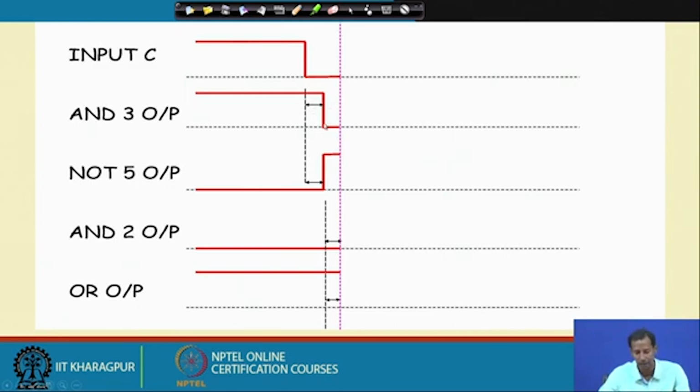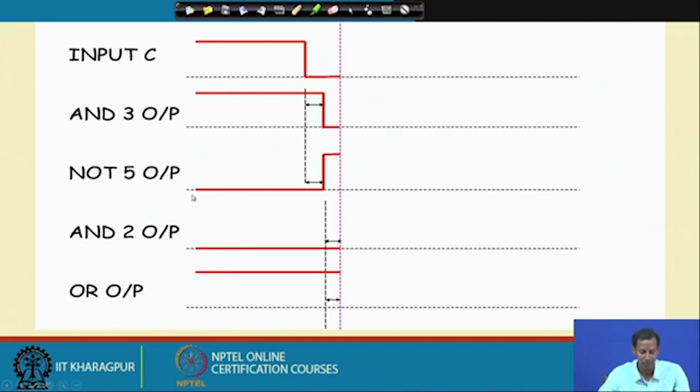So, now this is coming to 0 because of the change in C. The NOT gate also has some delay, and then it becomes 1. The change occurs at this particular time, but because of the gate delay, after some time the AND output changes to 0 and the NOT output changes to 1.